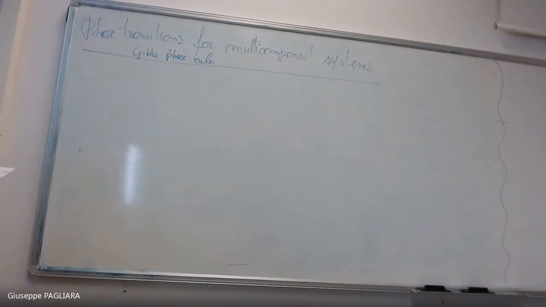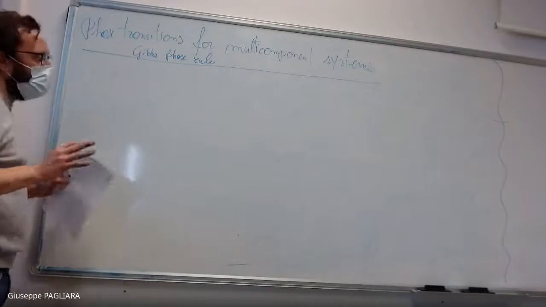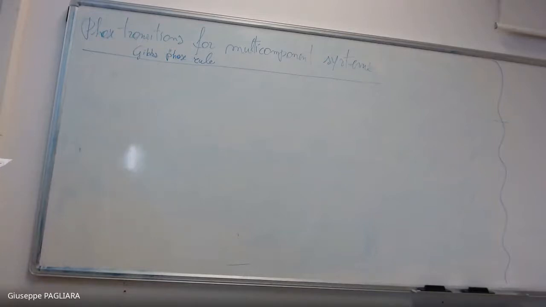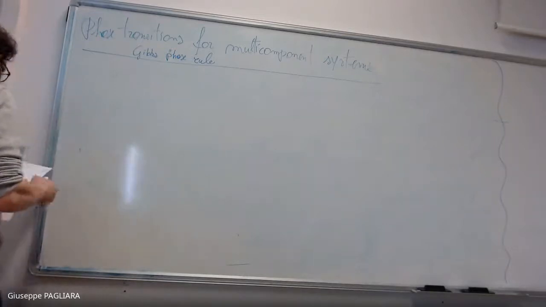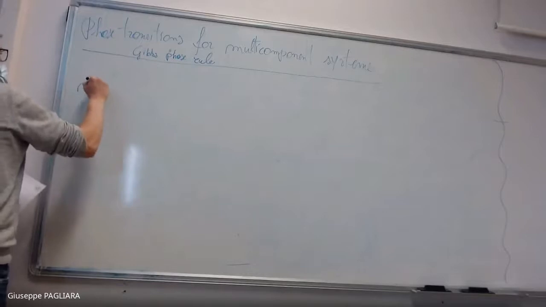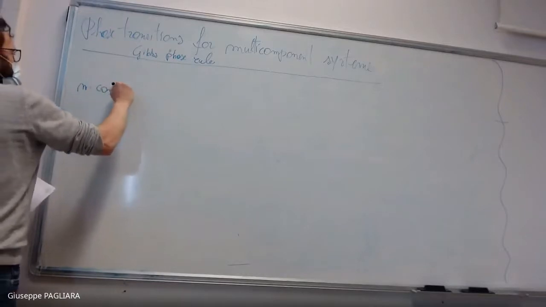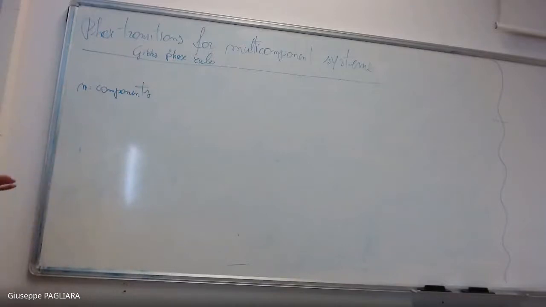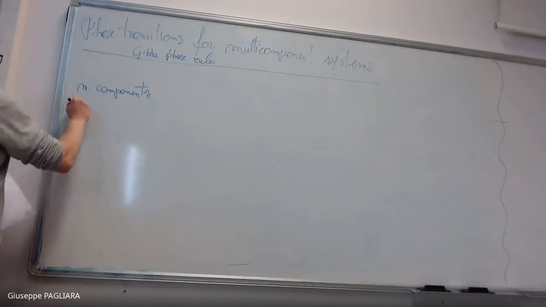So let's do the following. It's basically a count of independent variables and known quantities. Suppose that you have n components, which means n chemically different types of matter, and suppose that we have r phases.